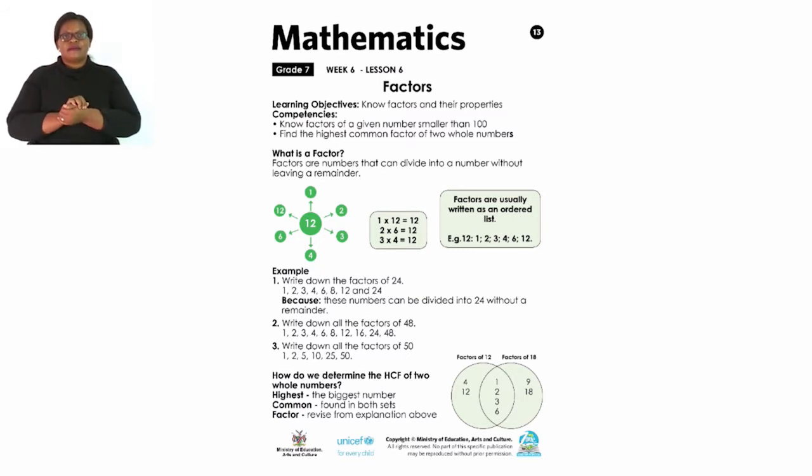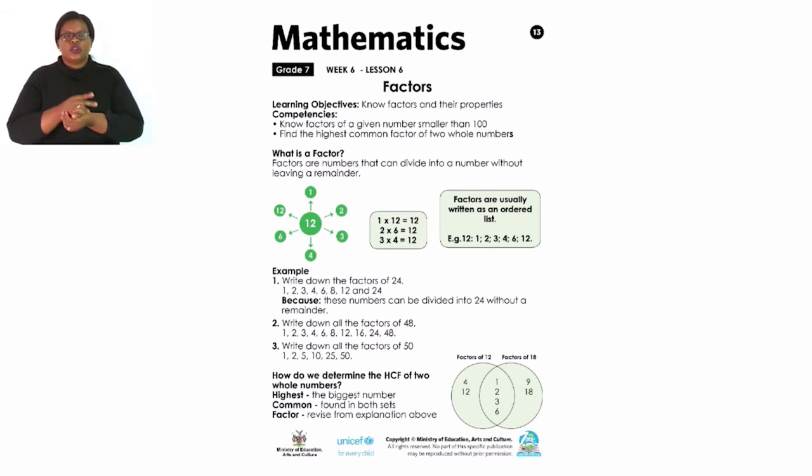Let's look at an example. If we take 12 and we need to find the factors of 12, 1 divides into 12, 12 times. So 1 is a factor of 12, as well as 12 is a factor of 12.